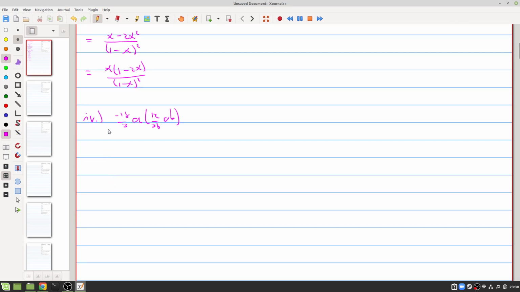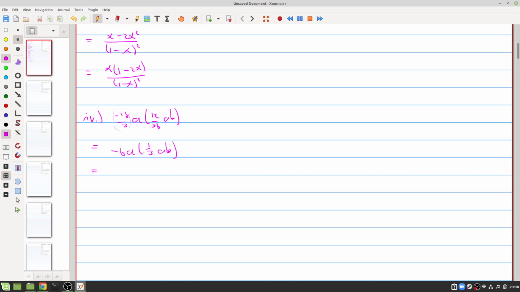Okay, so here we can just start off by multiplying straight away, but I'd like to simplify things first as far as I can. So negative 18 over 3, we can simplify this to just be negative 6, right? And then 12 over 36 we could simplify to be 1 over 3ab. Okay, and now let's multiply.